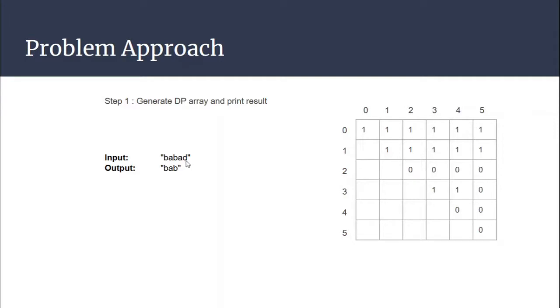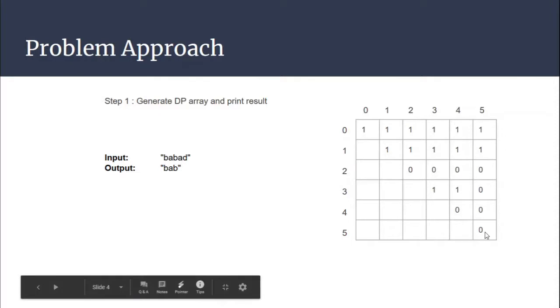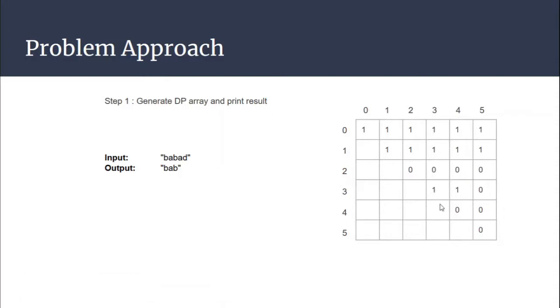ABA is the length 3 substring which ends at position 4. So the maximum length is 3. We can either print the substring which ends at 3, or the one which ends at 4, it doesn't matter. So we can print either BAB or ABA.